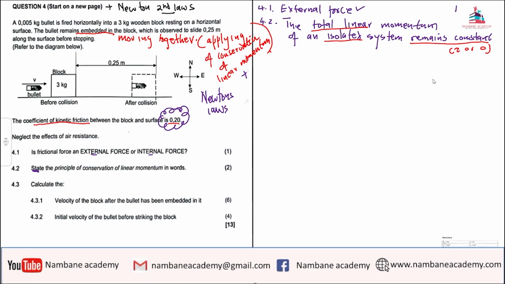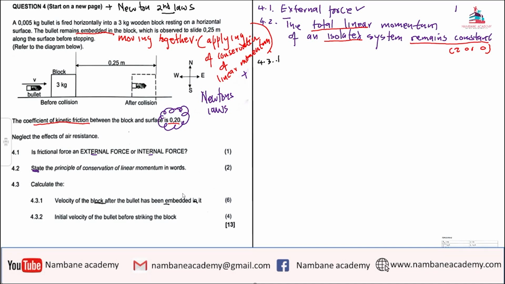Now, ladies and gentlemen, there comes 4.3, and at 4.3.1, the examiner says calculate the velocity of the block after the bullet has been embedded in it.